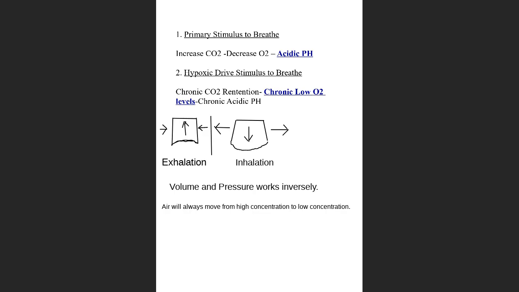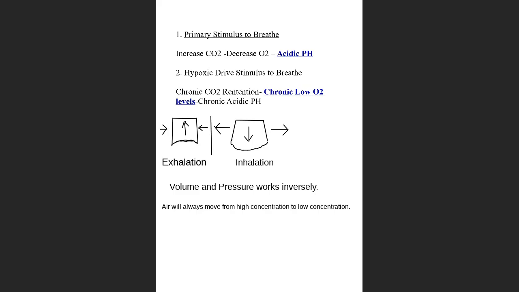When that occurs, the volume of the chest increases. So the size of the chest will increase, and the rib cage moves up and out. That's a change in the volume. When that occurs, the intrathoracic pressure, that is the pressure inside the thoracic cavity, will drop.